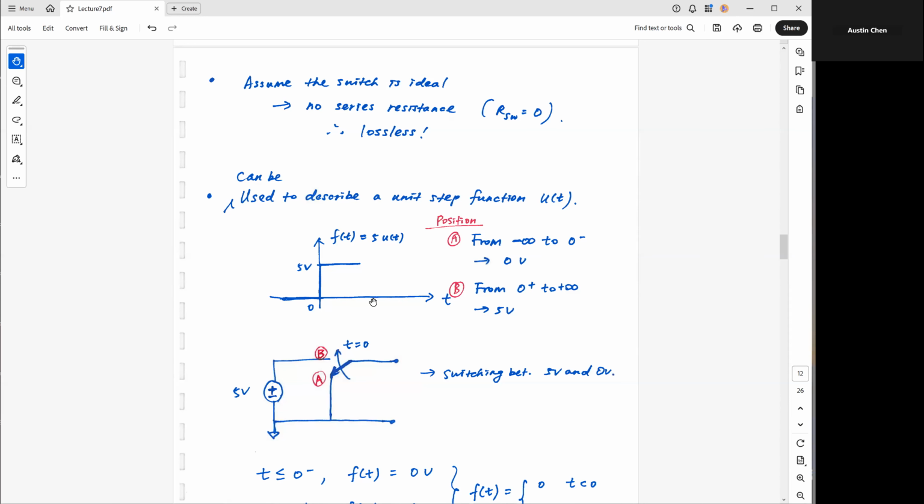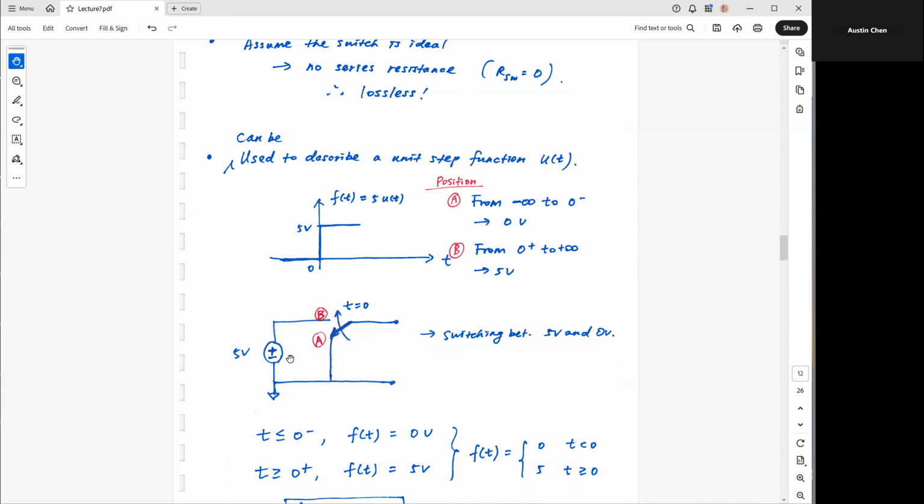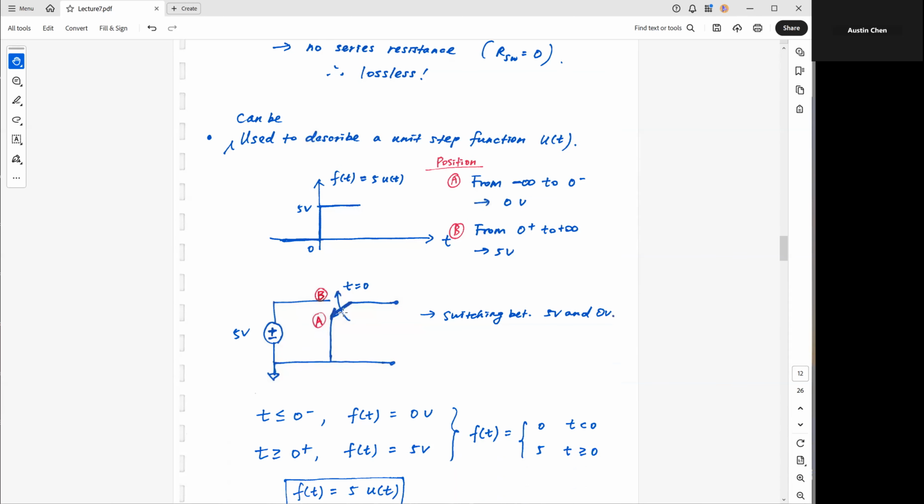So by using a switch, we can do the same thing. If you look at this configuration, I have a switch here. Before t is equal to 0 or 0 plus, my switch is sitting at position A. This means that this arm here is connected to ground, and we know that ground has 0 volts.